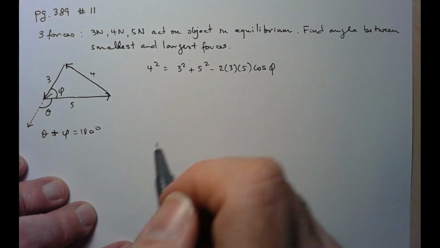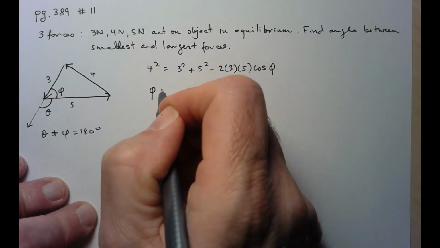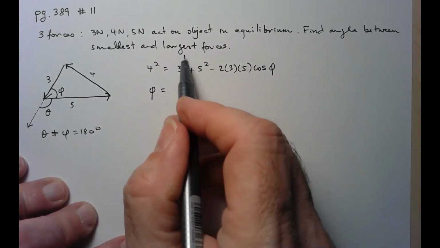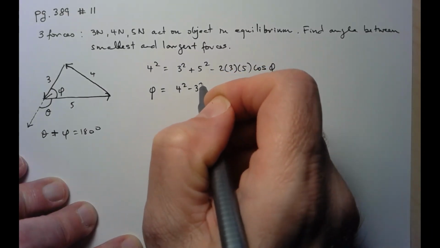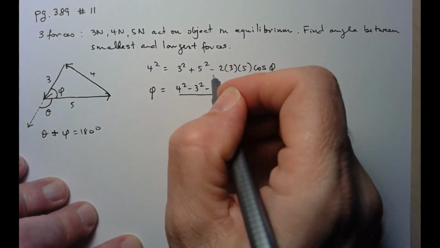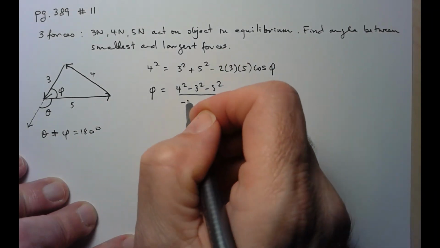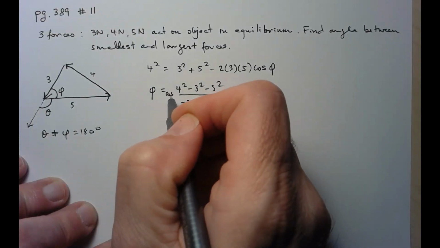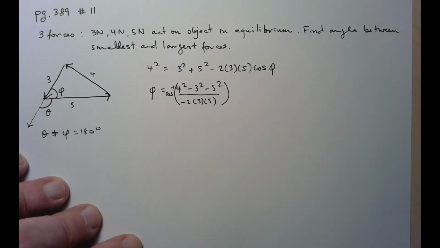Now I can solve for this angle phi. If you need to do this in more than one step, that's perfectly fine. I'm going to subtract these two expressions to the other side, so 4 squared minus 3 squared minus 5 squared, then divide by the factor in front of cos phi, which is negative 2 times 3 times 5. Then I'm going to take cos inverse of all that to find my angle.